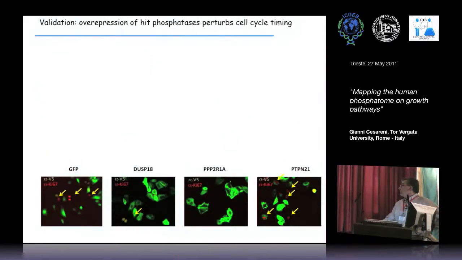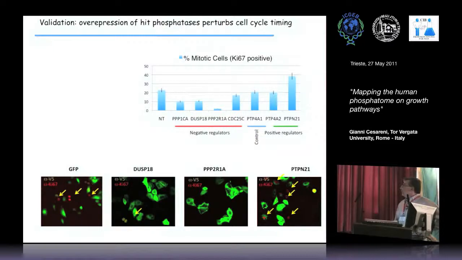So now, if these phosphatases are involved in some way in cell growth homeostasis, we suspect that in some way the cell cycle timing should be changed. And so we measure the number of cells that are in mitosis after overexpression of these phosphatases.